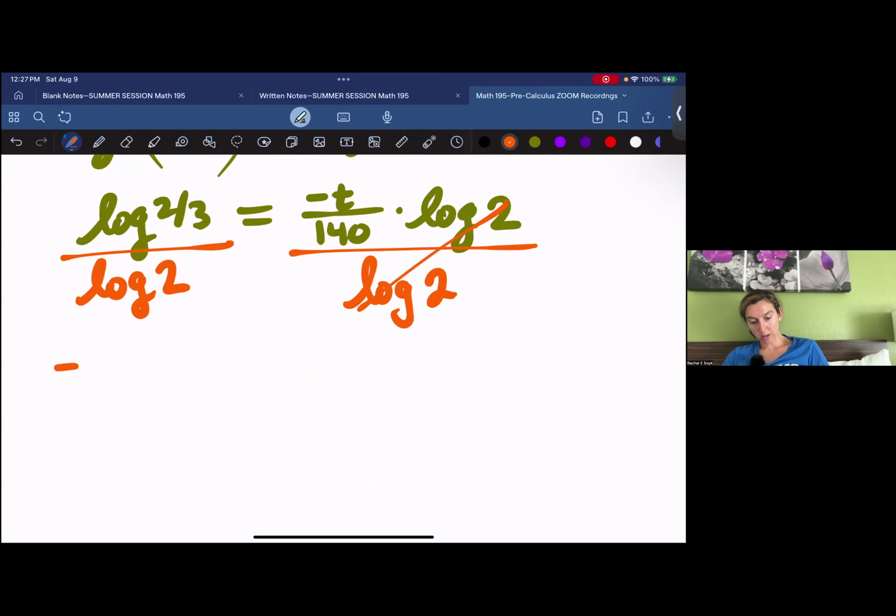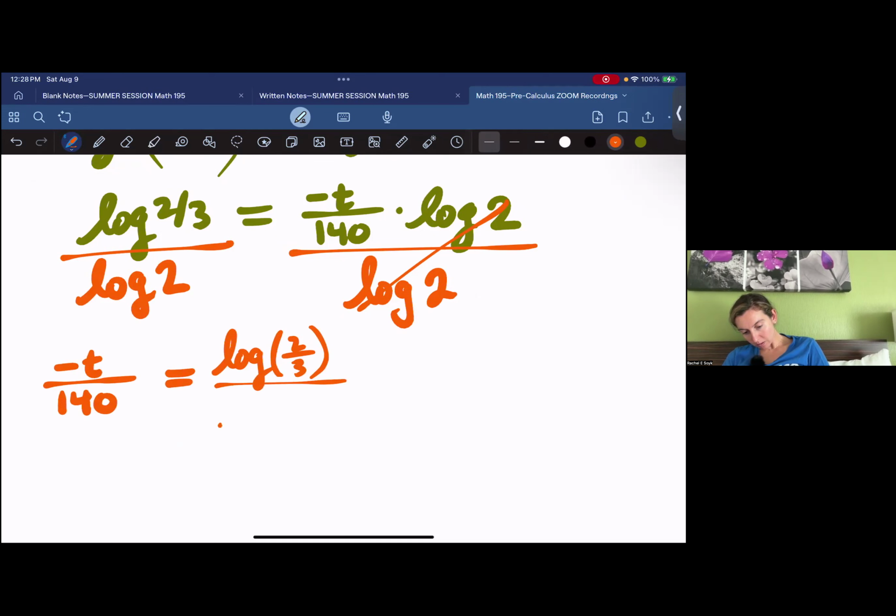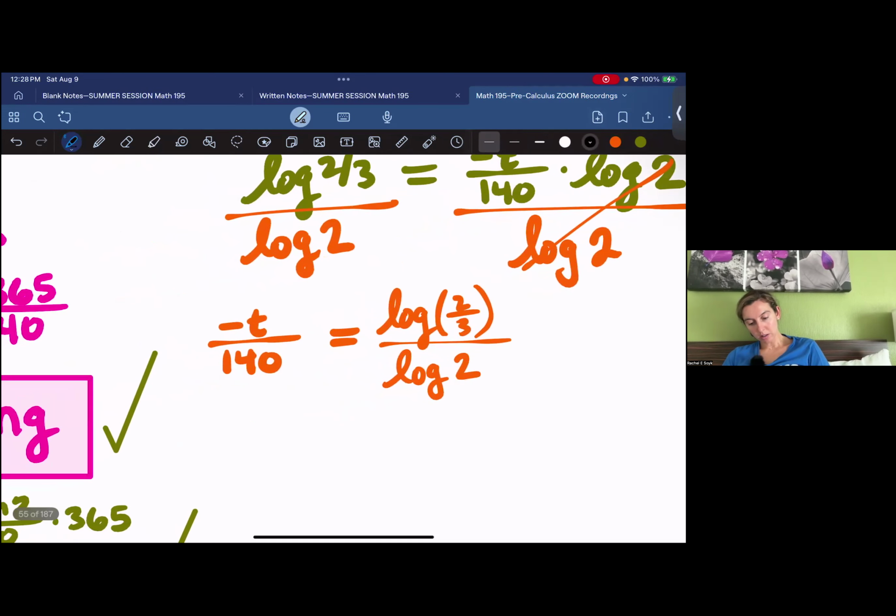So we're left with negative t over 140 is equal to log of 2/3 over log of 2. And then let's multiply both sides by negative 140 so that we can get that positive t.